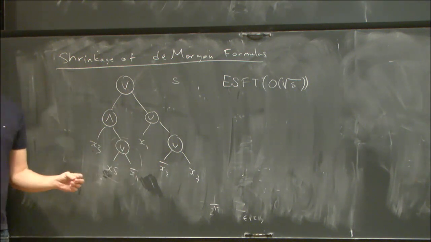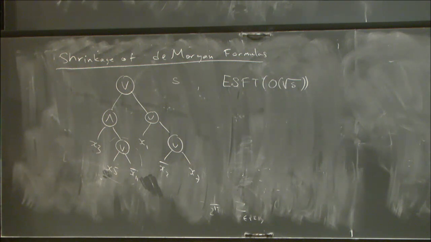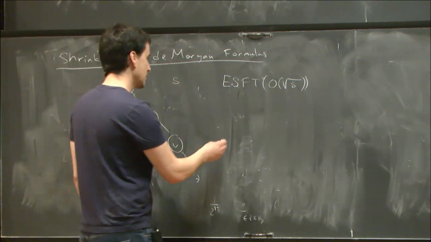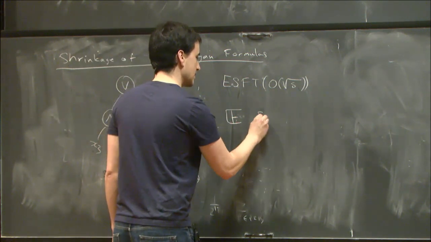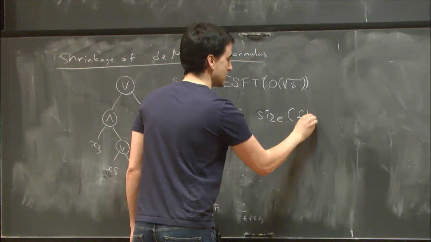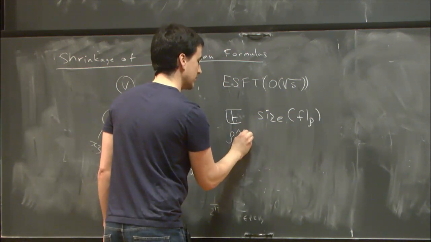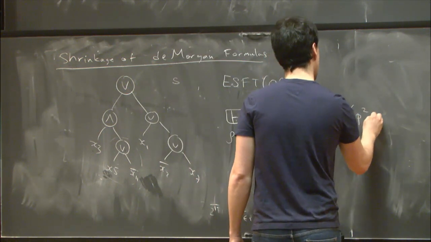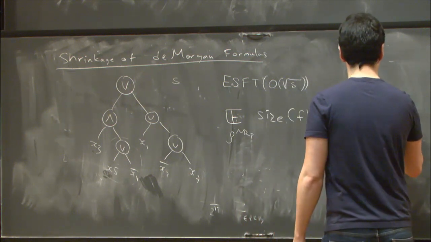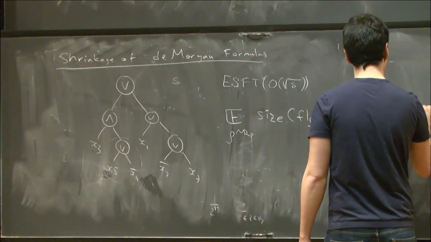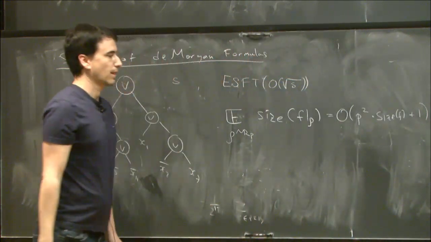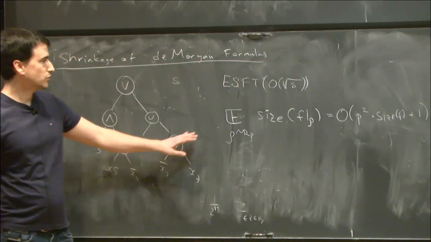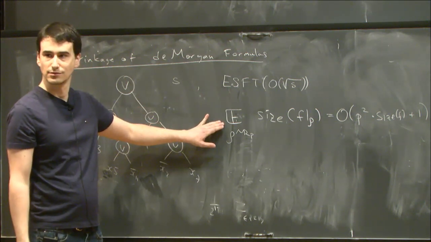So by this kind of simplification, more nodes in the formula are killed by the random restriction. What happens is that the expected size under random restriction with parameter p is p squared times the original size, maybe plus O of 1. And I want to show how this implies this.